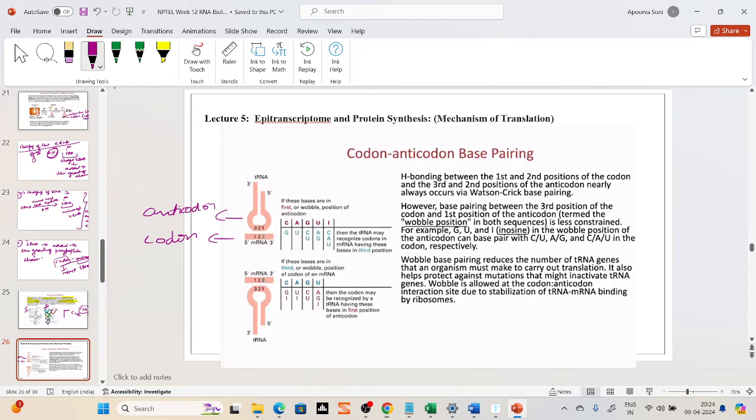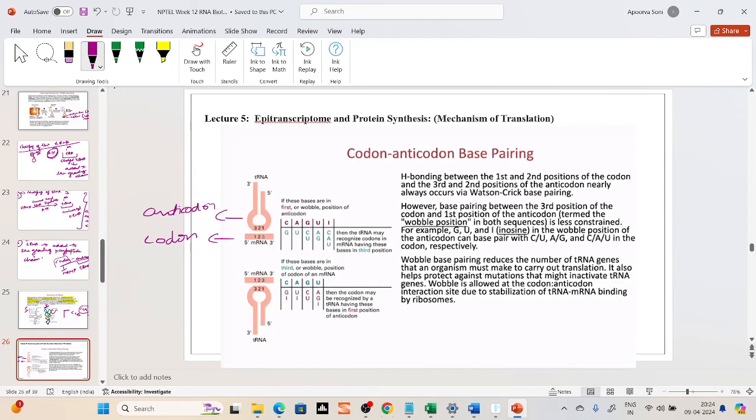This anticodon is read like 1, 2, 3. Codon is read like 1, 2, 3. Why? Because you always read from 5' to 3' direction. So here the 5' to 3' direction is like this. So 1, 2, 3, 1, 2, 3. So 3 will pair with 1, 2 will pair with 2 and 1 will pair with 3. I mean, this is just the position, whatever it is there.